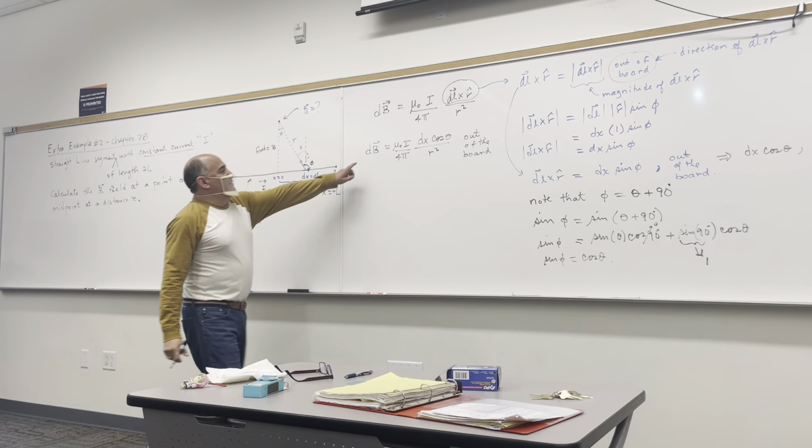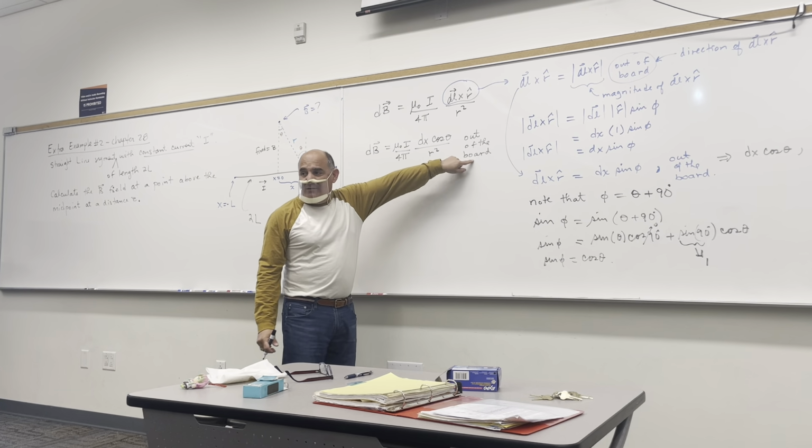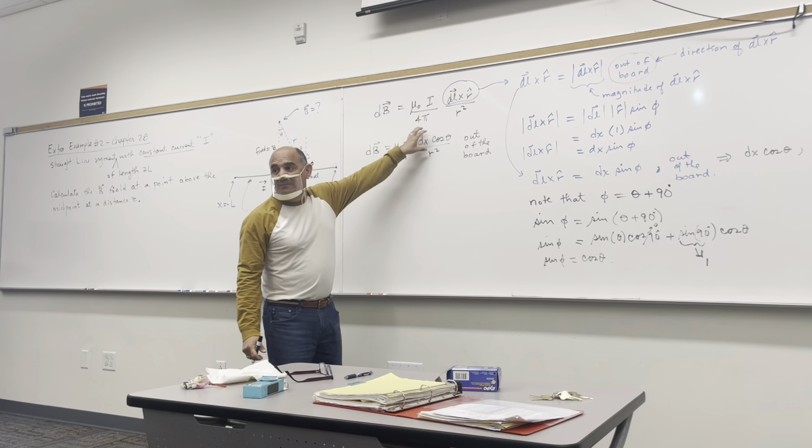So the direction of the B is going to be out of the board, and it has this magnitude, right?